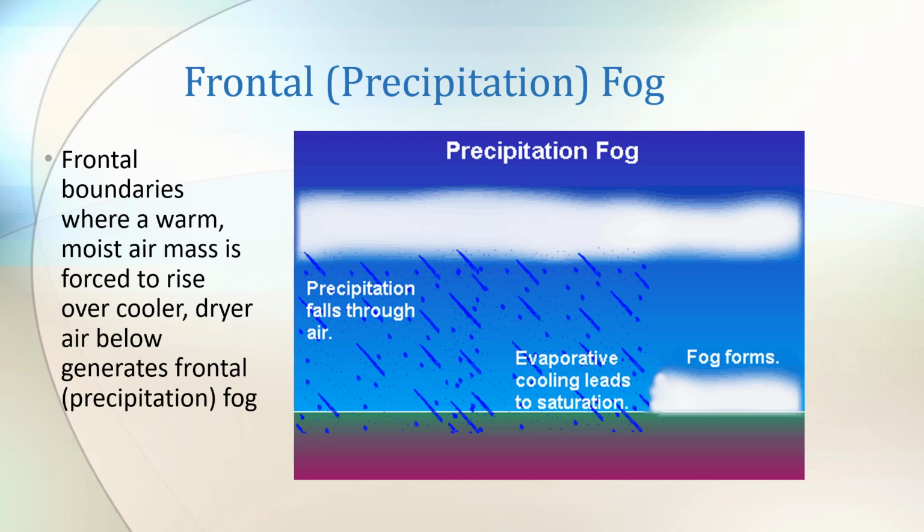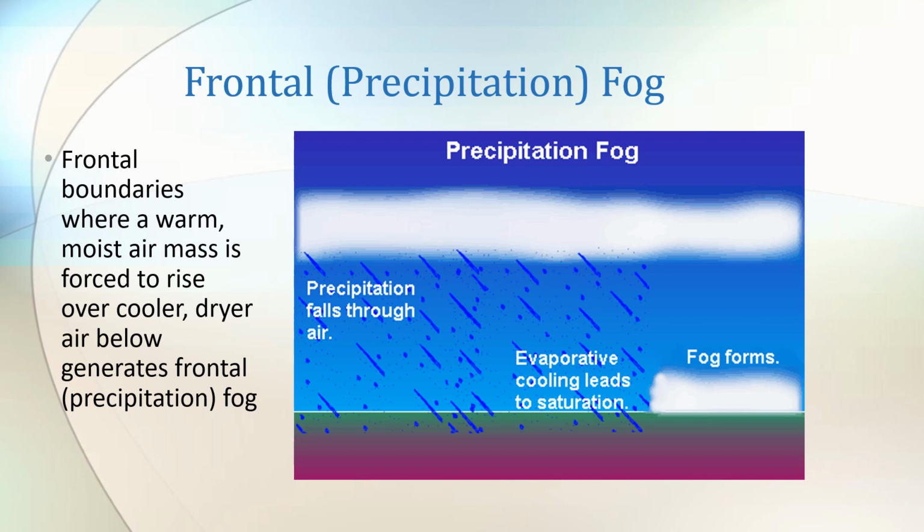The foggy conditions result because of the raindrops falling from relatively warm air, that is, the warm air that has risen. This warm air that has risen over the cooler air has produced the raindrops falling.